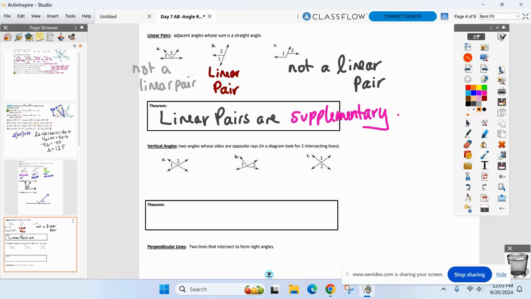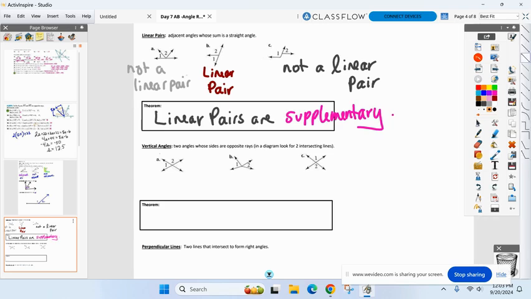Now I've taught this already this week to some of my other geometry classes, and this next vocab word is something they've been struggling with for whatever reason. I think it's brand new to everybody, and that's vertical angles. First, let me show you what they are before we identify them. Vertical angles can only be formed if two lines intersect each other.